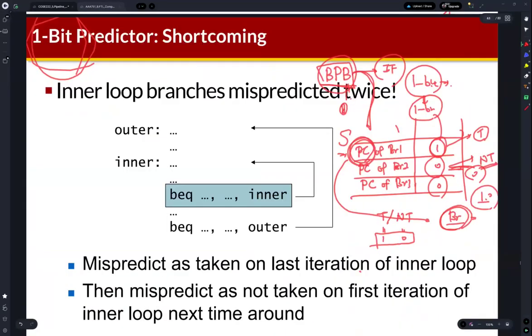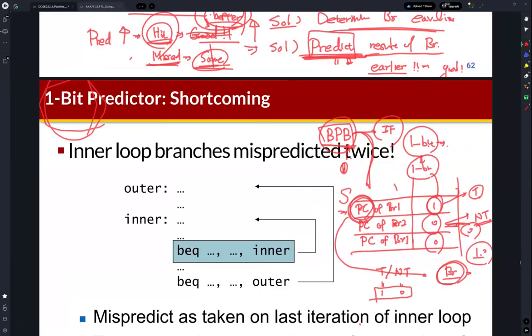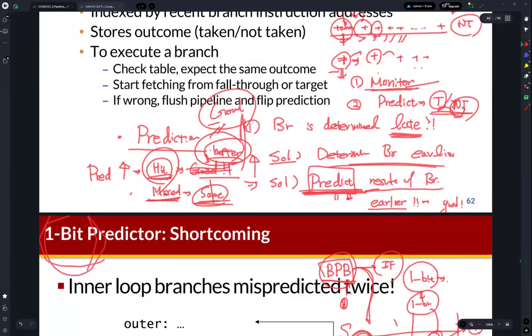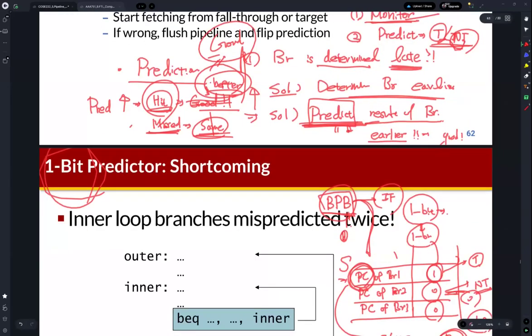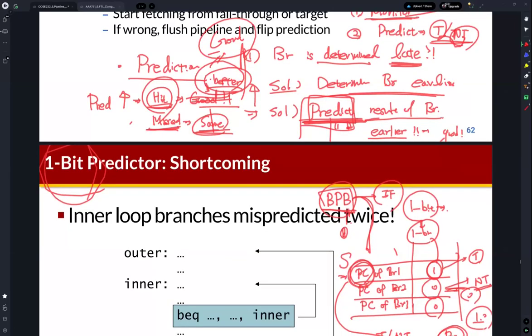Okay, so this is the branch prediction buffer. When we apply the branch prediction technique, our branch prediction buffer is in the instruction fetch stage. Which means we can predict the result of a branch instruction when the branch instruction is in the instruction fetch stage.